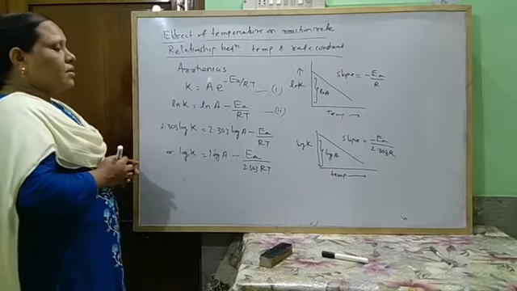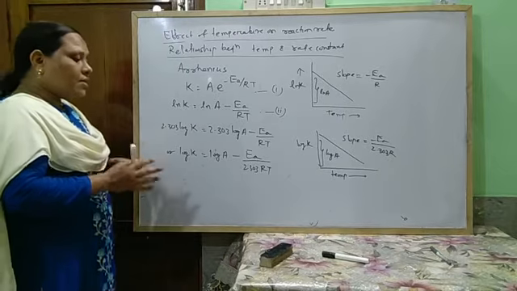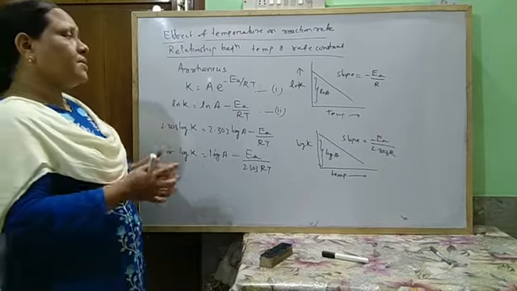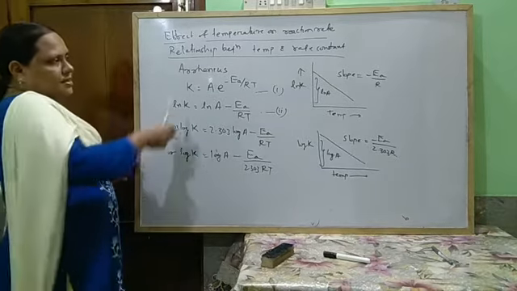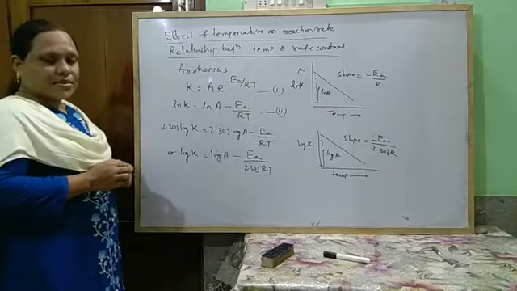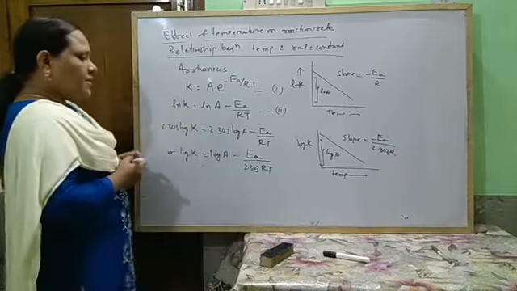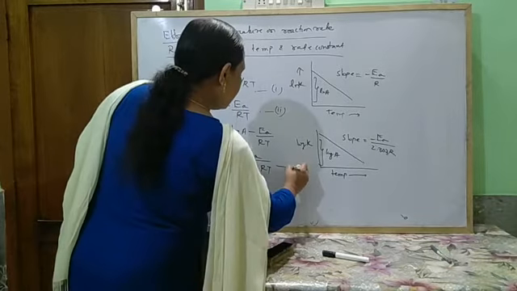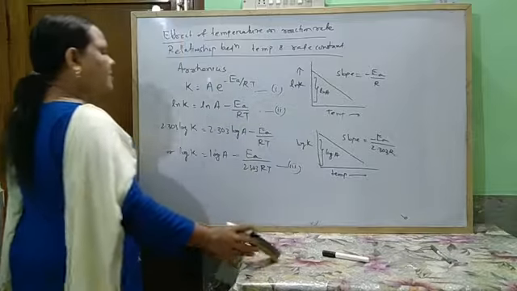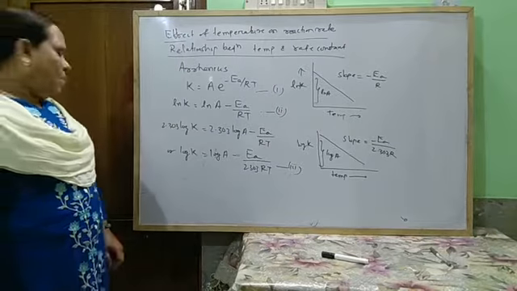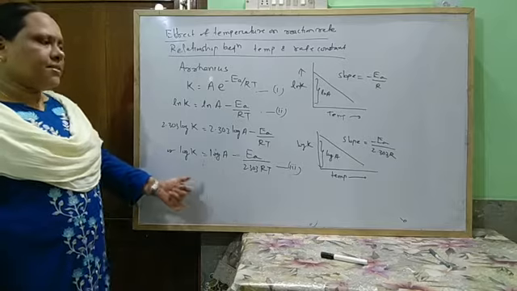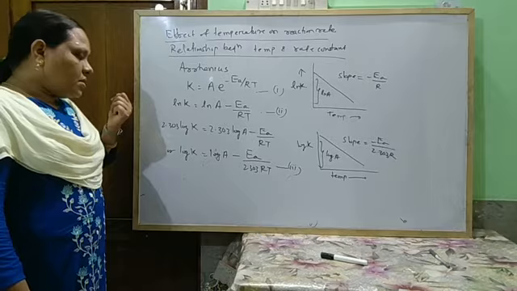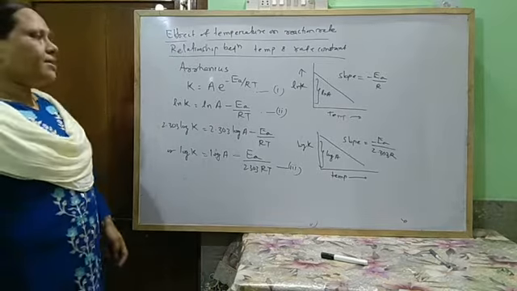Next, come to the value of the rate constant at two different temperatures. If there are two different temperatures, then what happens to this relationship? So this equation, log k equal to log A minus Ea by 2.303 RT, give it equation number 3. Next, temperature dependence of rate of reaction: temperature dependence of rate constant at two different temperatures.